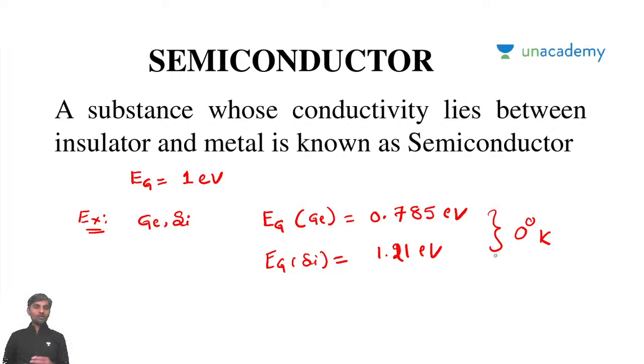So the energy gap for germanium is 0.785 electron volts, and silicon is 1.21 electron volts. This is very important.